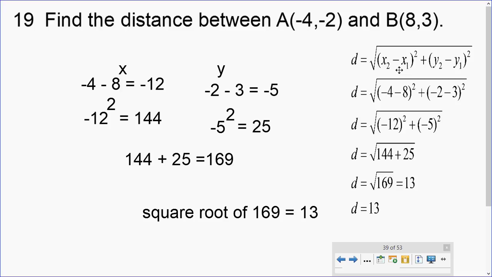It should get you the same results if you've done it correctly. The difference between the x coordinates squared plus the difference between the y coordinates squared, underneath the radical sign, and then taking the square root of that gave me my answer.